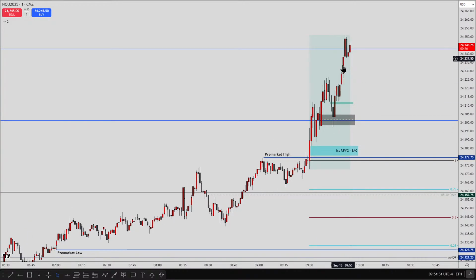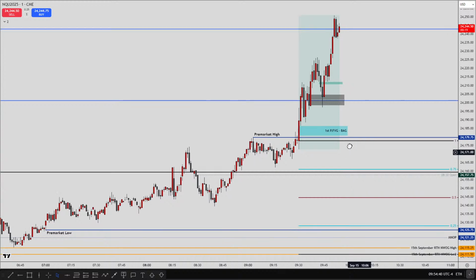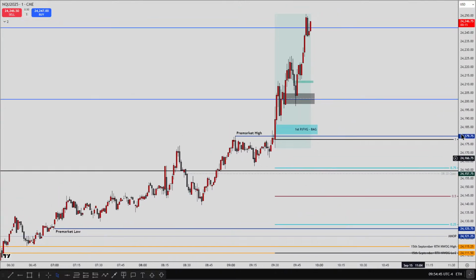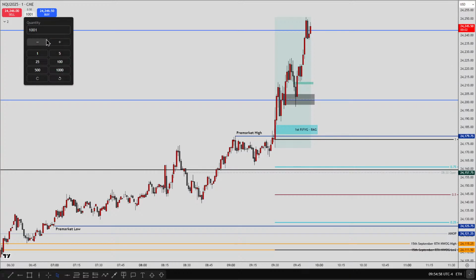Okay, I want to see something inverted here if we're looking for lower prices. Not that I would trade it lower, I just want to see it go lower so that I could potentially enter longs. You won't see if I do, by the way. I'll be doing it on my phone. I don't want a paper trading account here. This isn't my live account. I can put on 1,000 contracts right now, and it means nothing.